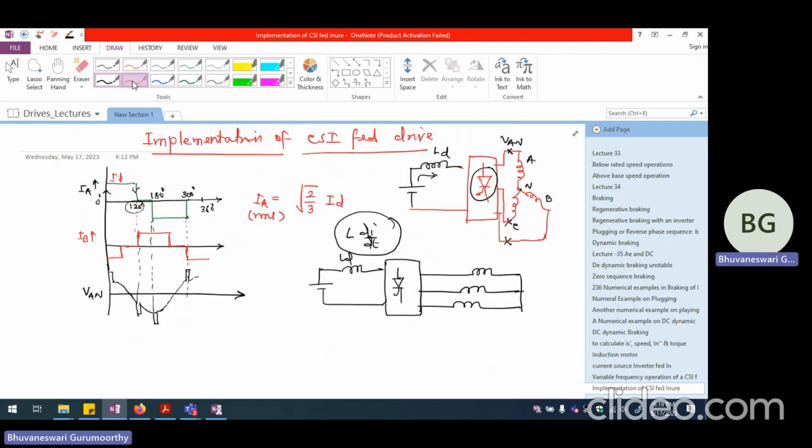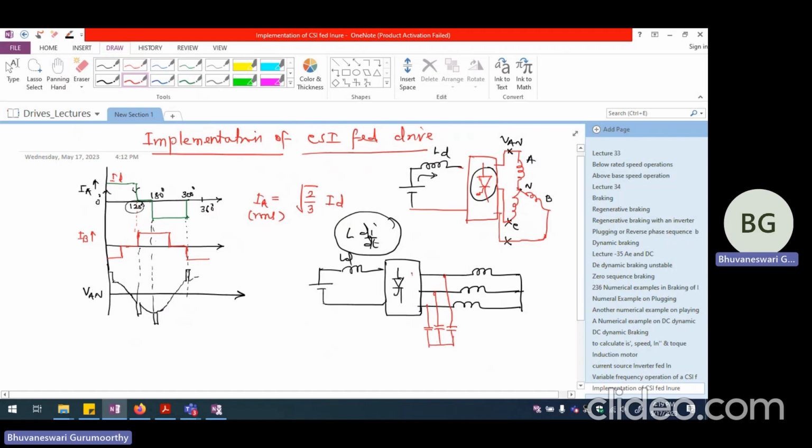Now we should be in a position to connect capacitors so that the capacitors will offer an alternate path for the current. Although the inverter is not going to carry the current, the motor winding current can be diverted into the capacitor to charge the capacitor.